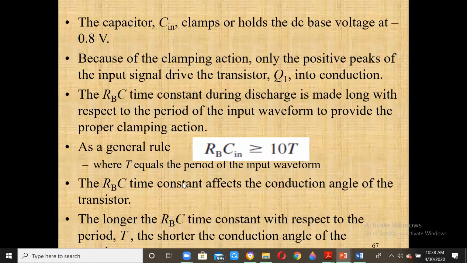The RB Cin time constant affects the conduction angle of the transistor.